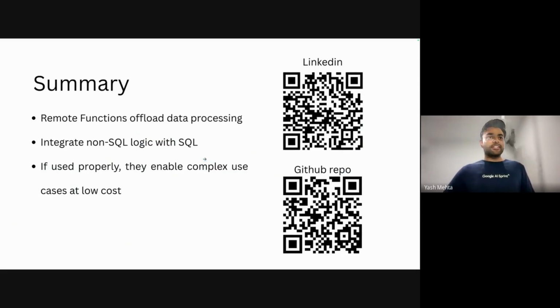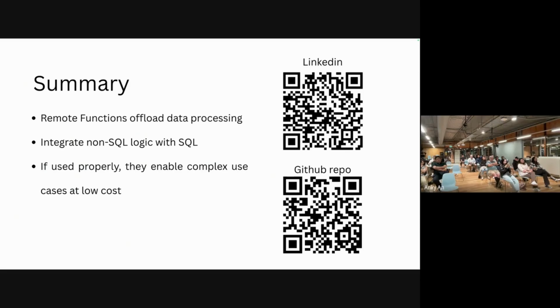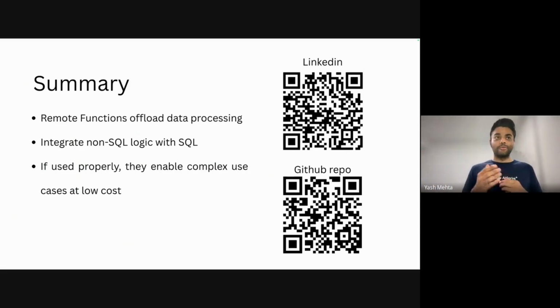And just to summarize everything, BigQuery remote functions offload your data processing outside of your SQL engine. You can integrate non-SQL logic, as I showed you, with SQL. So now you can actually run non-SQL, Pythonic, JavaScript, Java logic by just calling them with plain SQL.